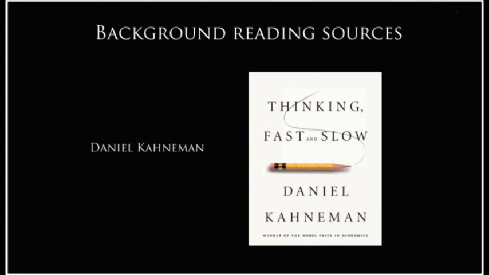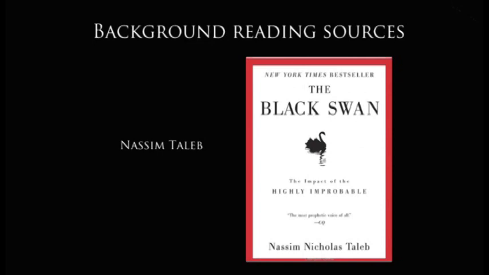And this book can really help you get your mind around where the sources of your biases are and what the problem is in understanding base rates. I would recommend reading this first.